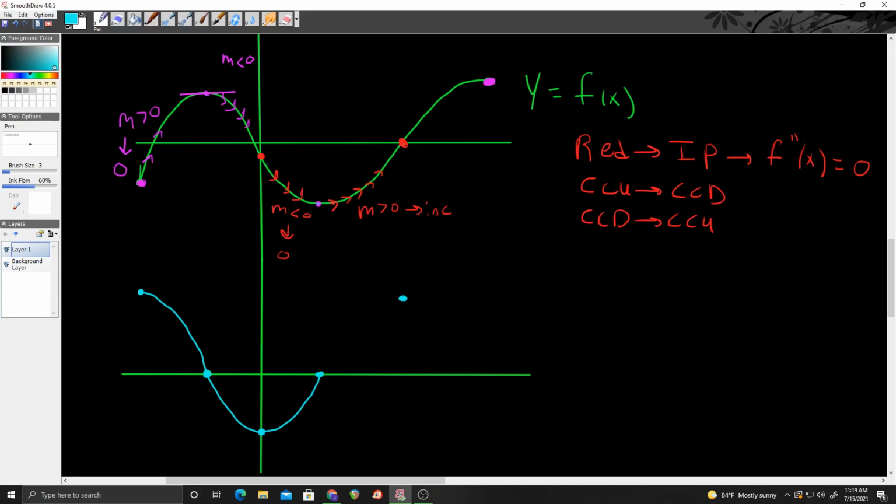But anyway, let's double check here. The slope is zero, and then the slope is increasing until here. And good, that's what we see here. And then after that, the slope is still positive until it's zero here again.